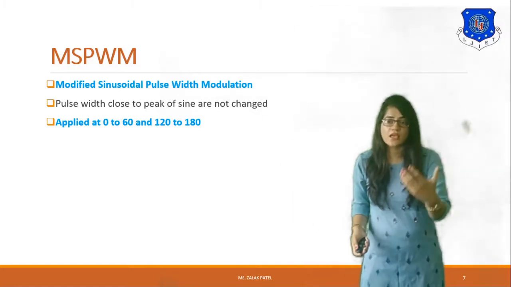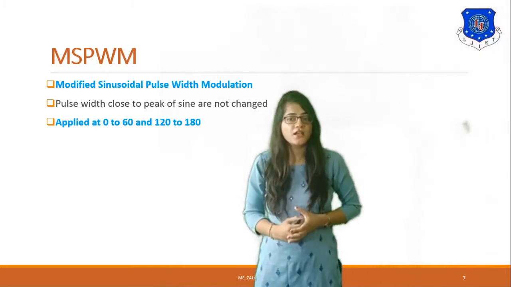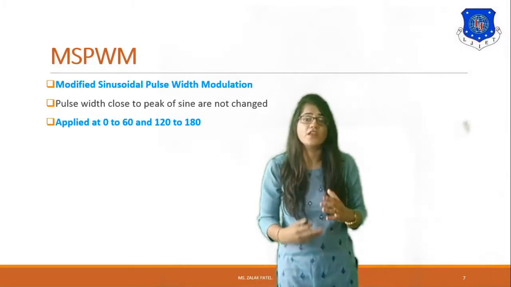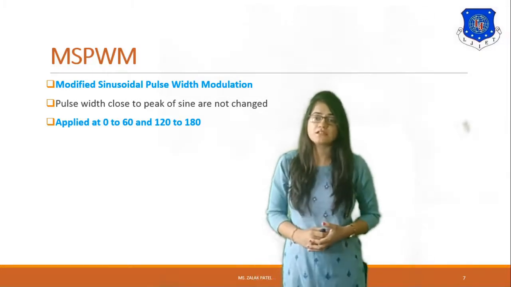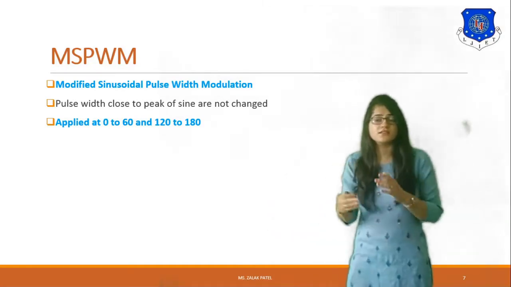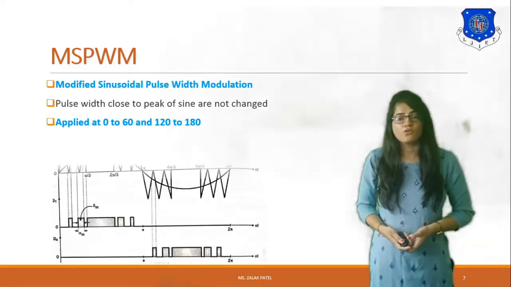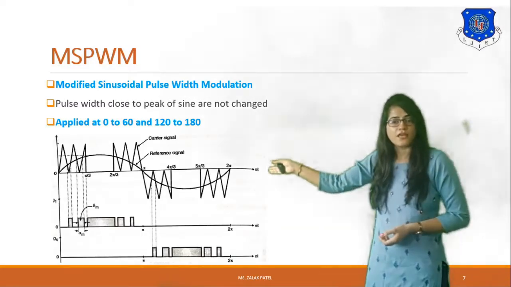Again we have taken two signals, a reference signal and a carrier signal. This is a modified version of the sinusoidal pulse width modulation. We take the reference signal as a sine wave and the carrier signal as a triangular wave, and it can be drawn like this.